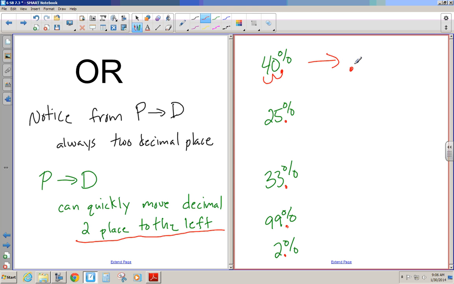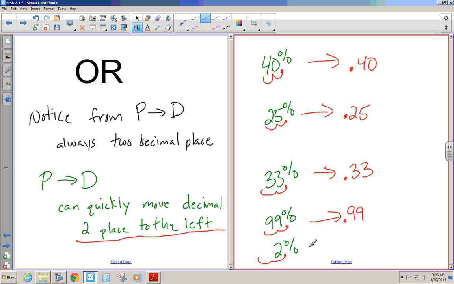That becomes 0.40. This one becomes 0.25. This one becomes 0.33. This one becomes 0.99. And the last one becomes 0.02. This is the quick way. We're talking about doing this quickly.